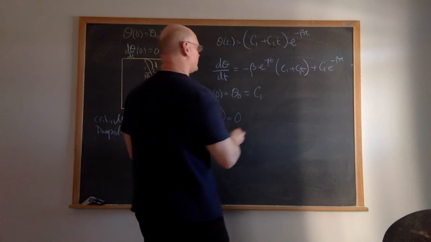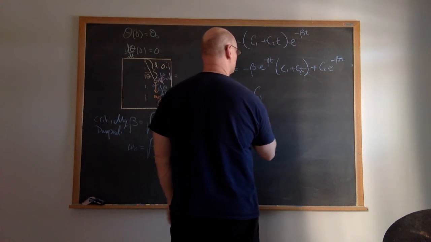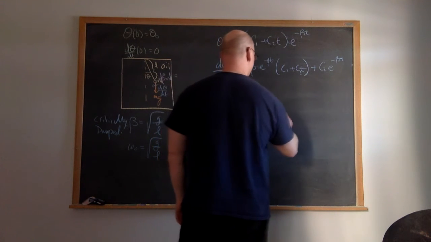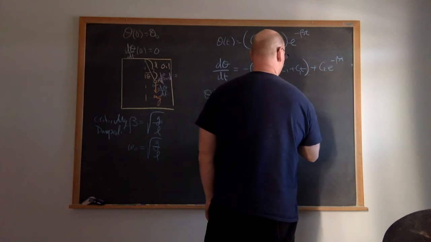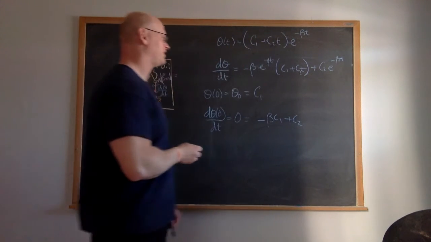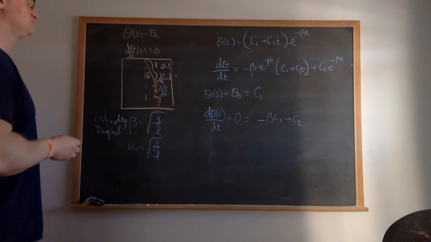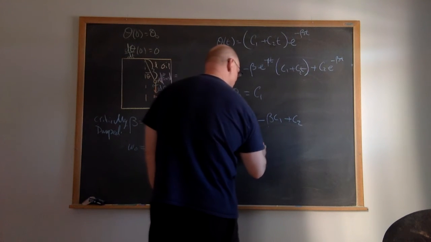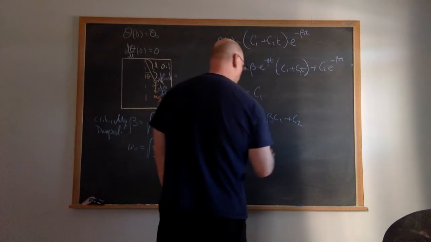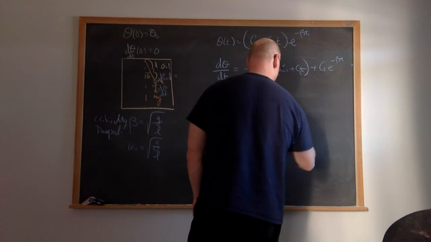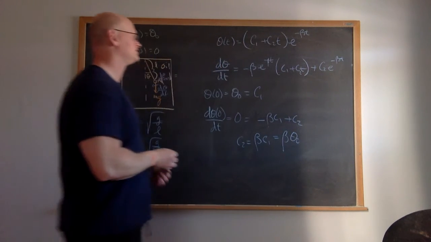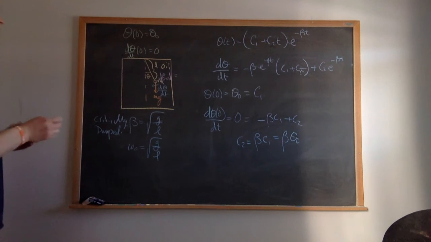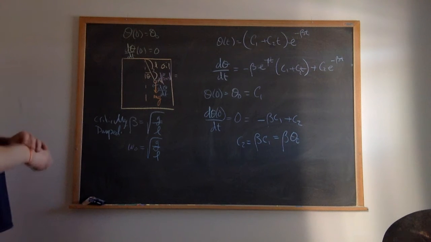So we're left with minus beta times C1 plus C2, all equal to 0. This tells me C2 is equal to simply beta times C1, which is the same thing as beta times theta initial, because according to here, C1 is equal to theta initial.